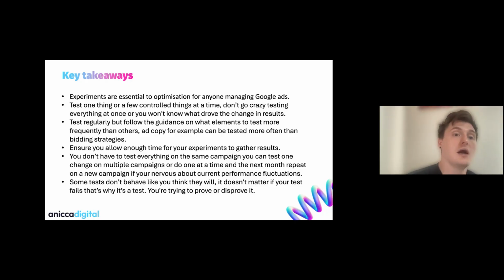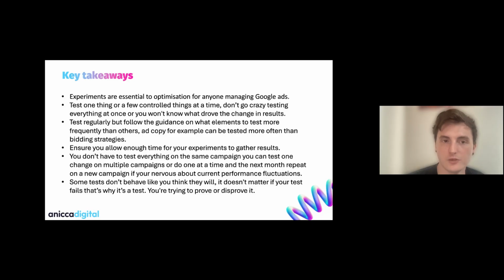The second point is to test one thing or a few controlled things at a time. Don't go crazy testing everything at once, or you won't know what drove the change in results. Remember, the goal of the experiment is to understand what we can change to improve the results, and what impacts the results the most. If you make lots of changes on a campaign, you're then guessing what it actually was.